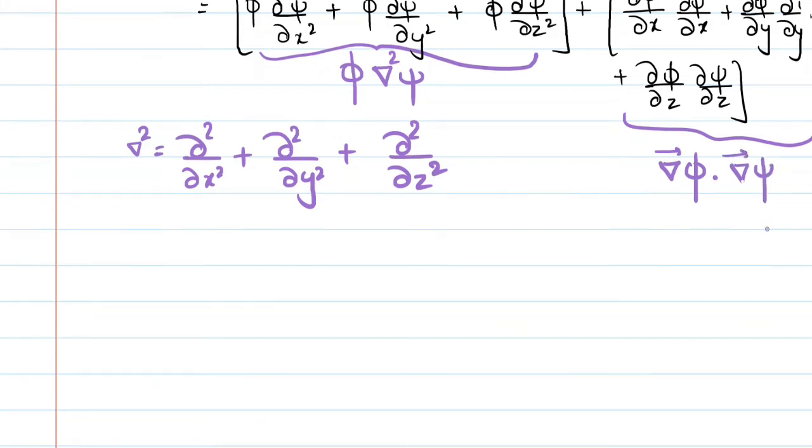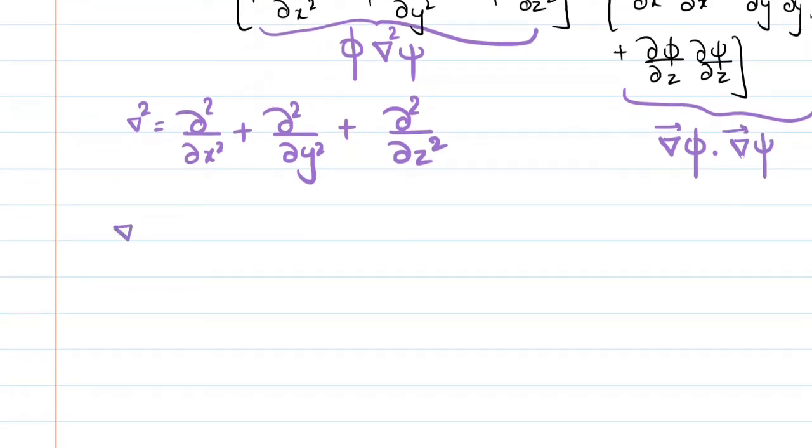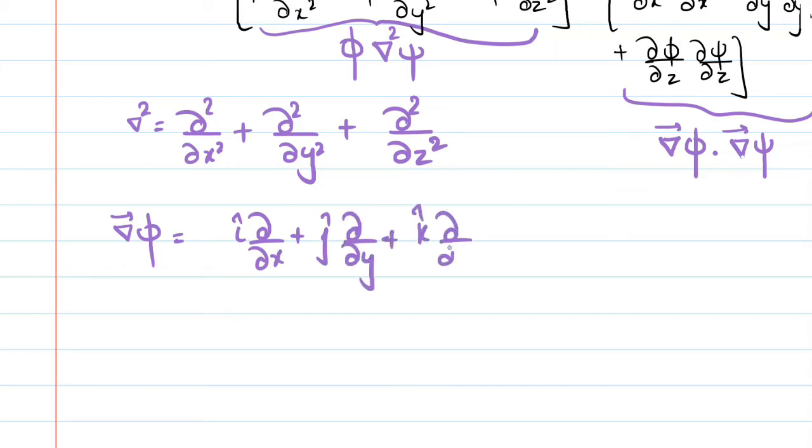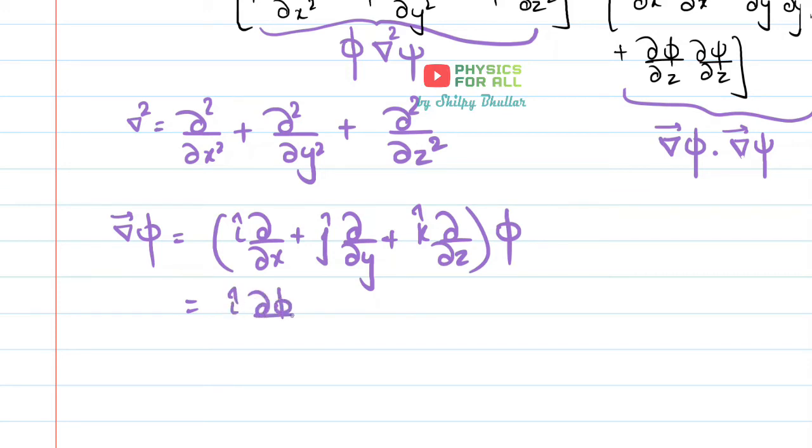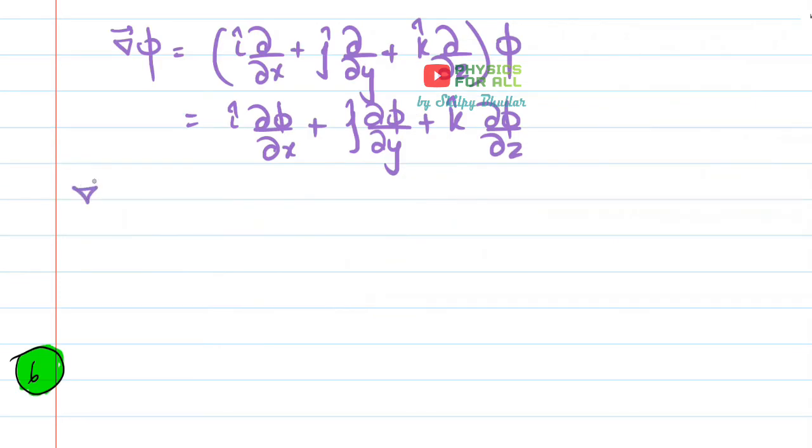Let's see, is it true or not? If we have del phi, that means this del operator is going to act on the scalar function. And we know that when the del operator acts on a scalar function, ultimately we obtain a vector quantity, which is like this. Similarly, we can write down for psi.